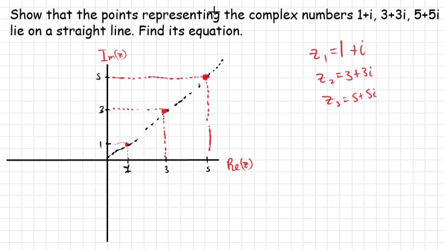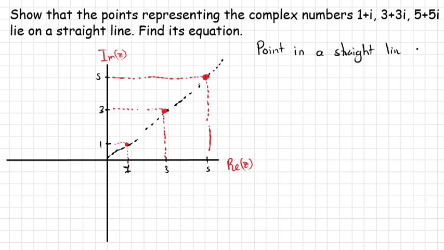So let's just use coordinates like this. Points in a straight line have the same gradient. So our job is just to find the gradient of 2 points, then that will show that this is actually in a straight line.